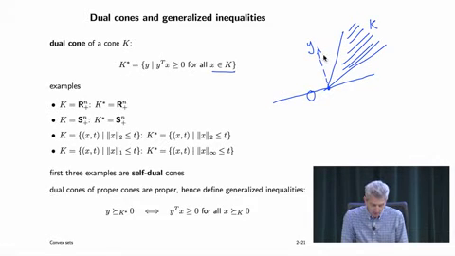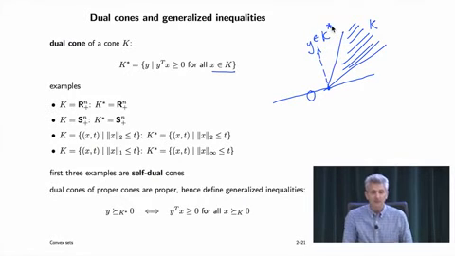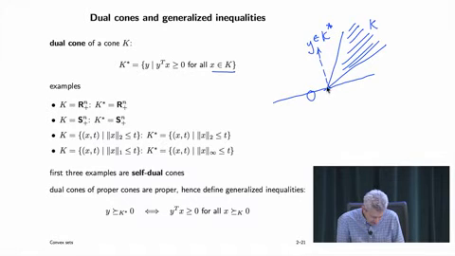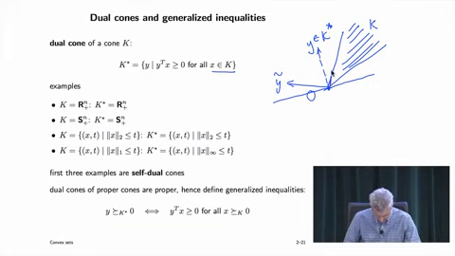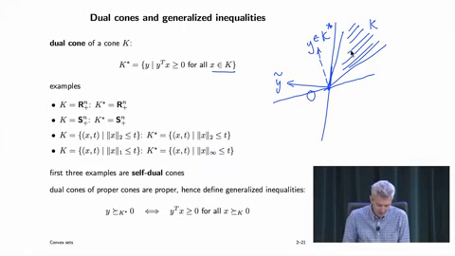That says that this point y is definitely in K star. Now, a point like this here, let's call it y tilde, is not in K star. And the reason is, it's quite emphatically not in K star, because there are tons of points in K that make a negative inner product with y tilde. Okay, so that's the picture.